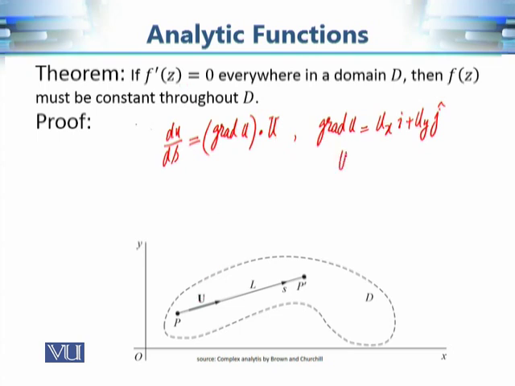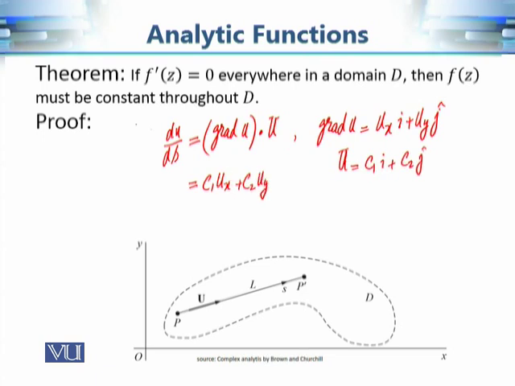So let's assume for a moment that the unit vector is equal to c1 i plus c2 j. I'm taking them to be c1, c2 so that they don't get confused with u_x and u_y. Now let's take the dot product, so this becomes c1 u_x plus c2 u_y.